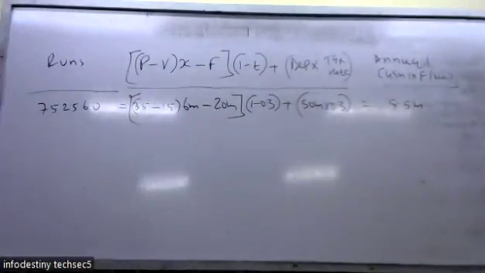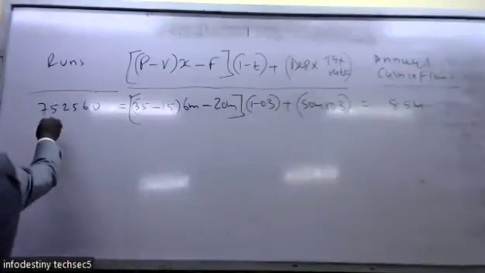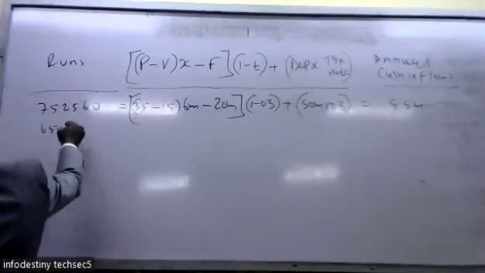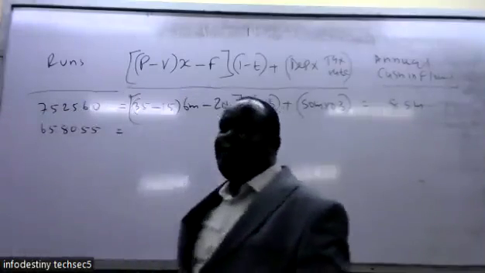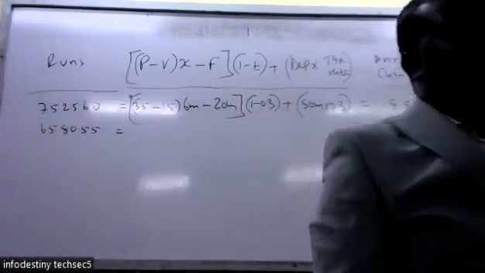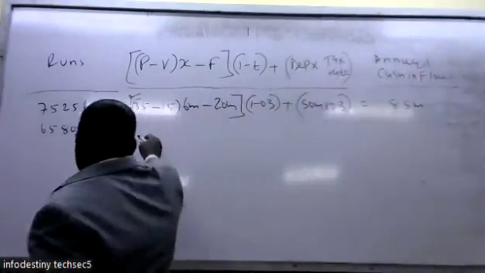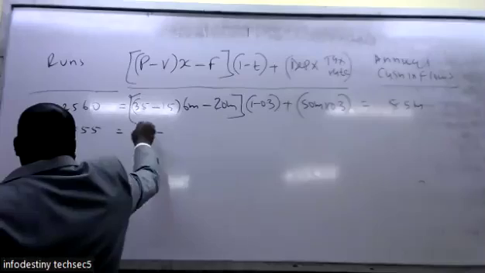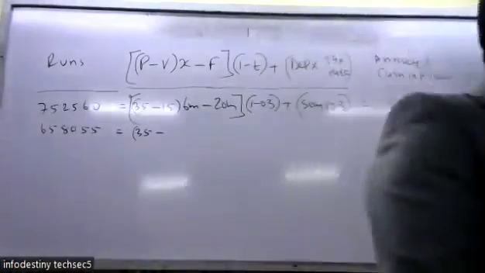We go to the second random number. It was 65, 80, 55. So we start again. 65 identifies the price, which is still 35. Then go to 80 to give you the variable cost per unit.